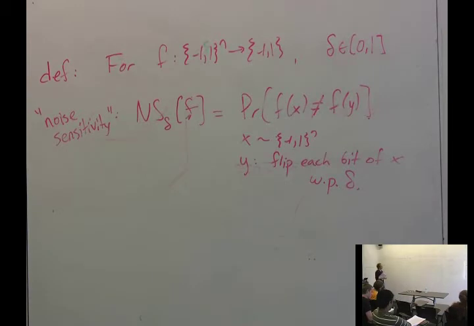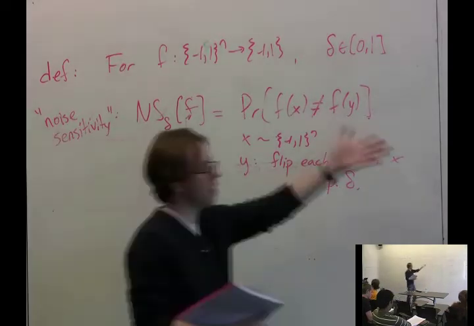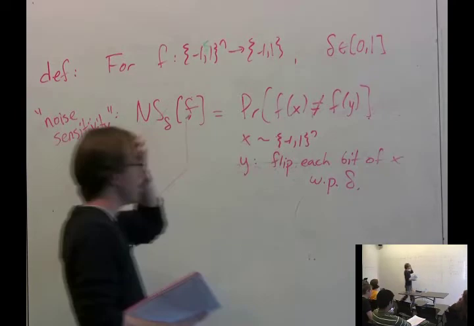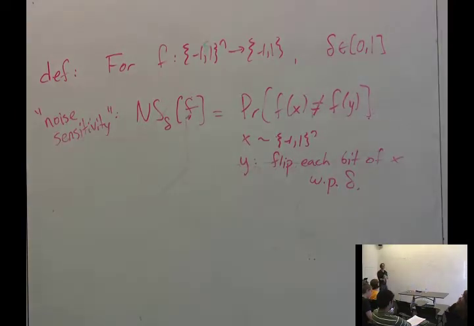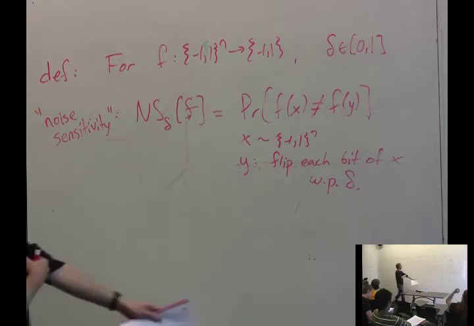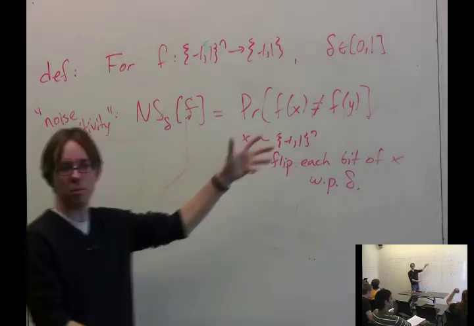So it's really essentially the same experiment, but quantifying: if everybody votes at random, then I flip, not re-randomize, but actually negate each bit with probability delta. What's the chance that that flips the outcome?